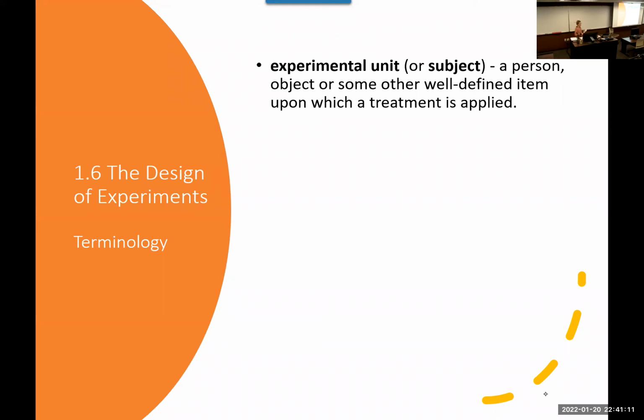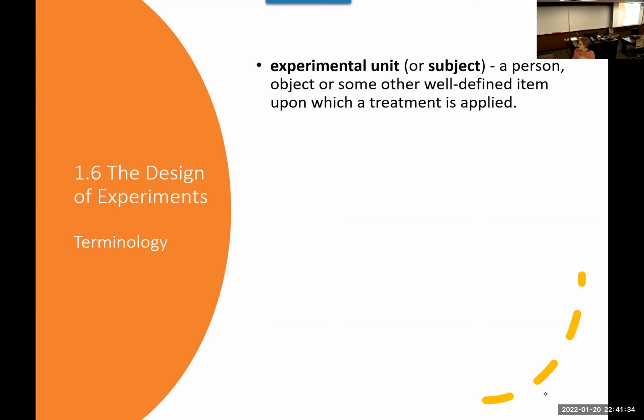We need to have some terminology as we move forward here. When we think about the design of our experiment, remember an observational study only allows us to say association. So we need an experiment to be able to show cause and effect.